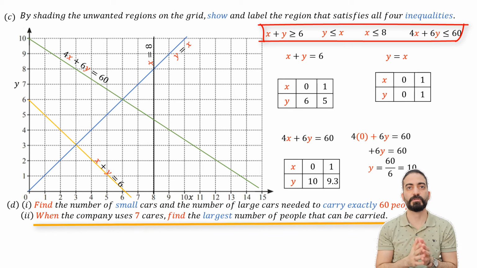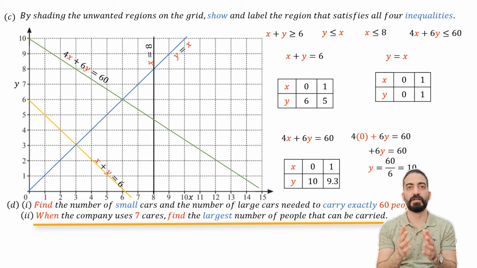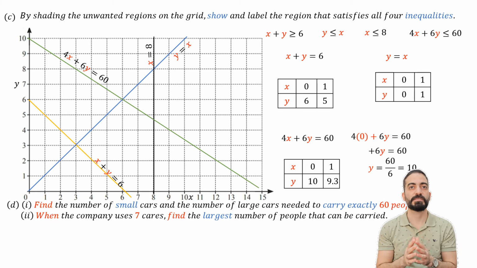When the company uses 7 cars, find the largest number of people that can be carried. This means that the number of small cars plus the number of large cars equals 7. It is possible that x equals 4 and y equals 3, because 4 plus 3 equals 7.